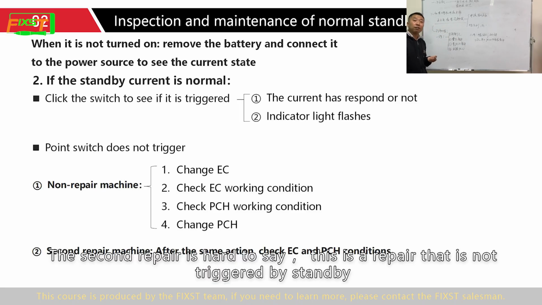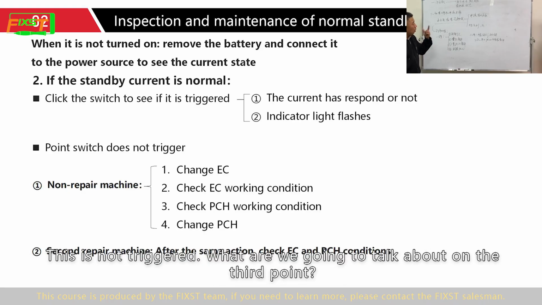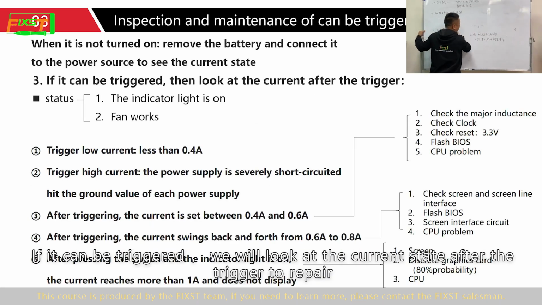This is a repair that is not triggered by standby. This is not triggered. What are we going to talk about on the third point? If it can be triggered, we'll look at the current state after the triggered repair.